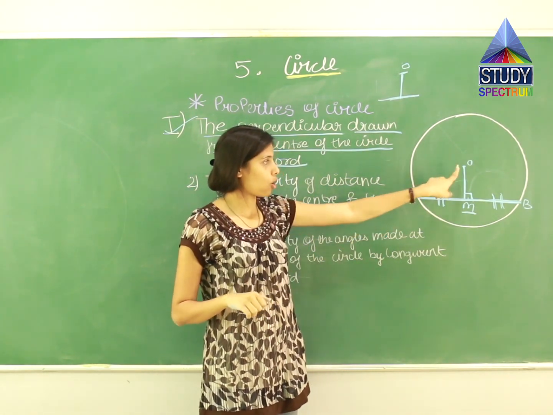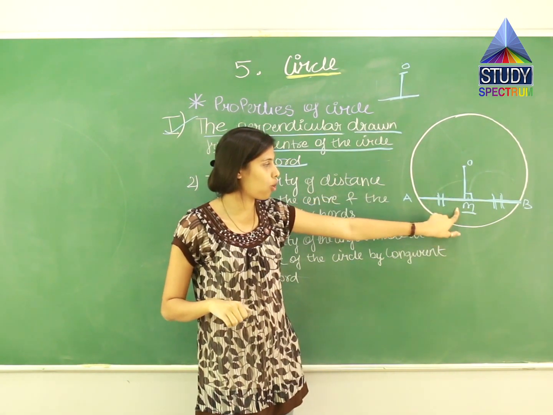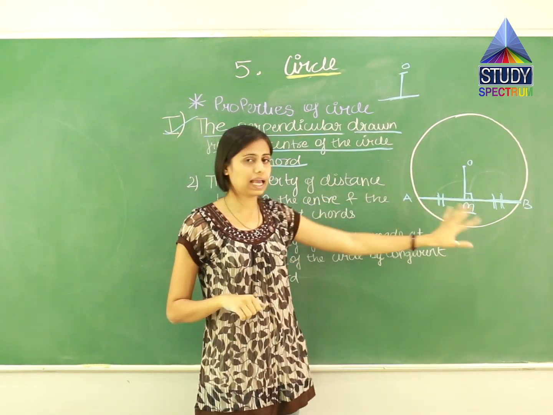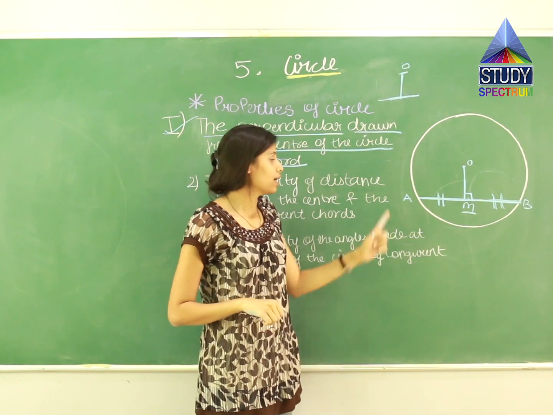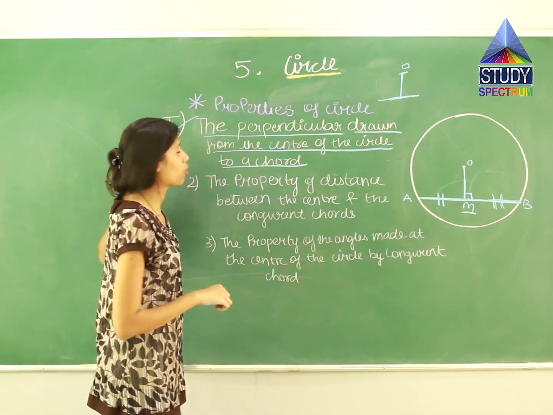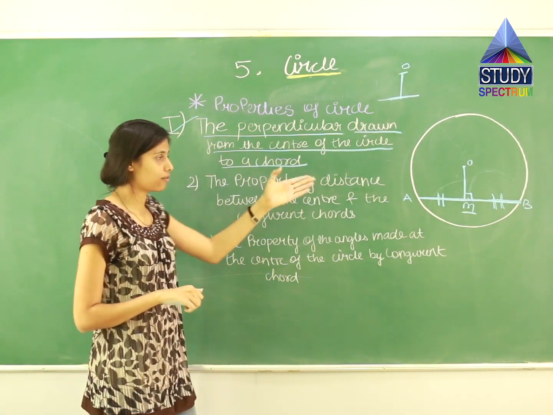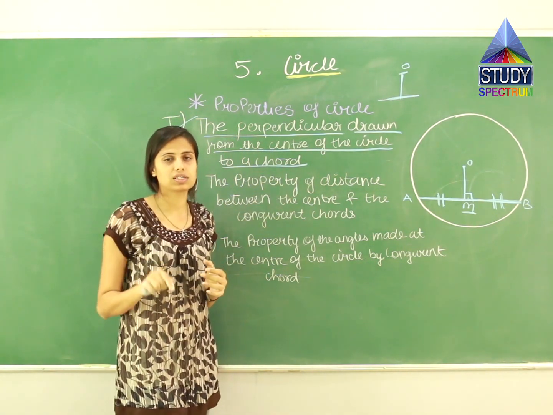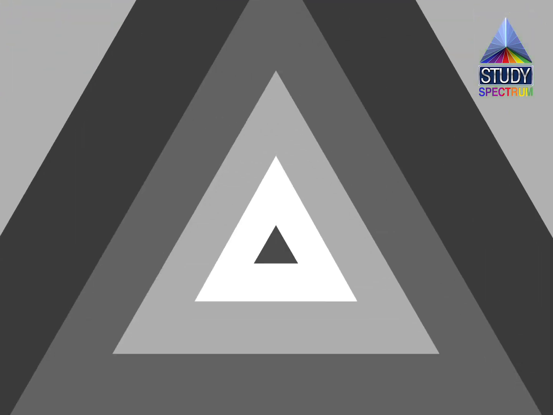Over here, perpendicular OM has divided the chord AB into two equal parts, which are AM and MB. So clear with the first property of the circle, the perpendicular which touches the chord?